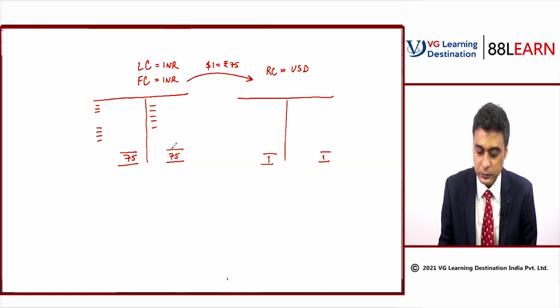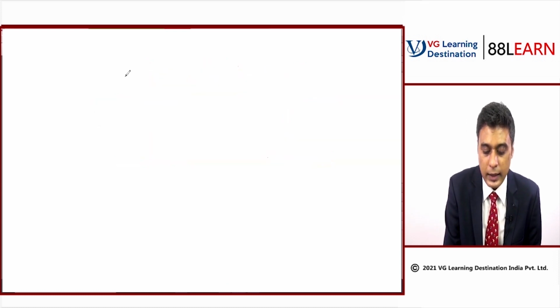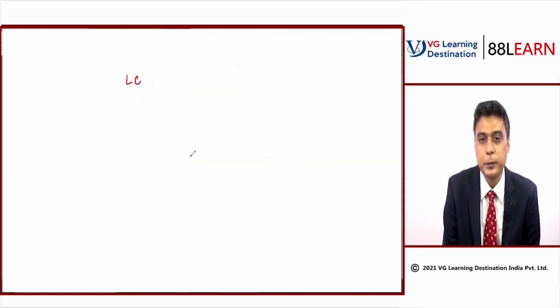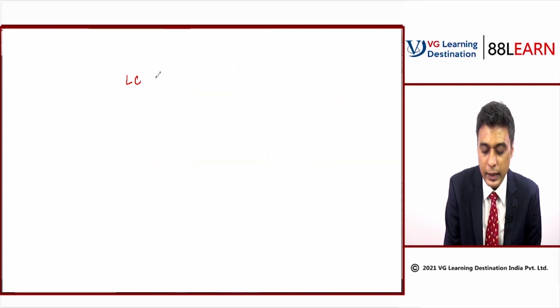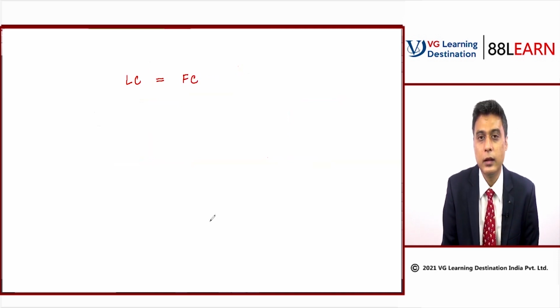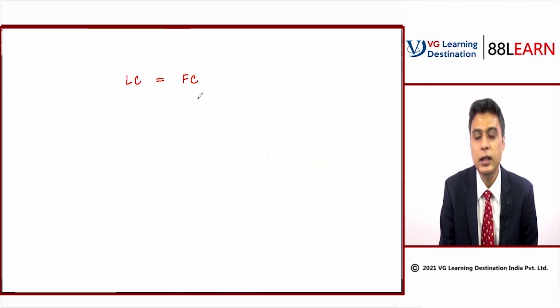That means, is the local currency of that foreign subsidiary equal to the functional currency? Functional currency is the currency of the primary economic environment in which the entity operates, in which that foreign subsidiary operates.